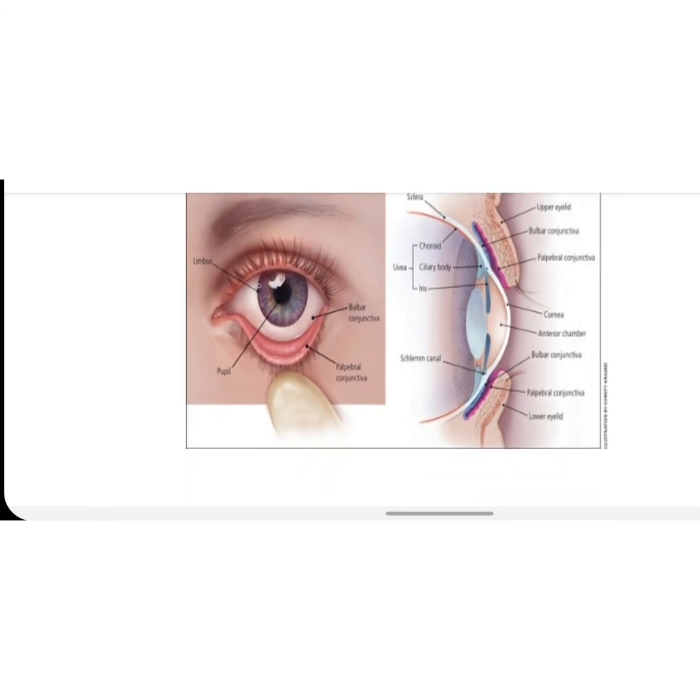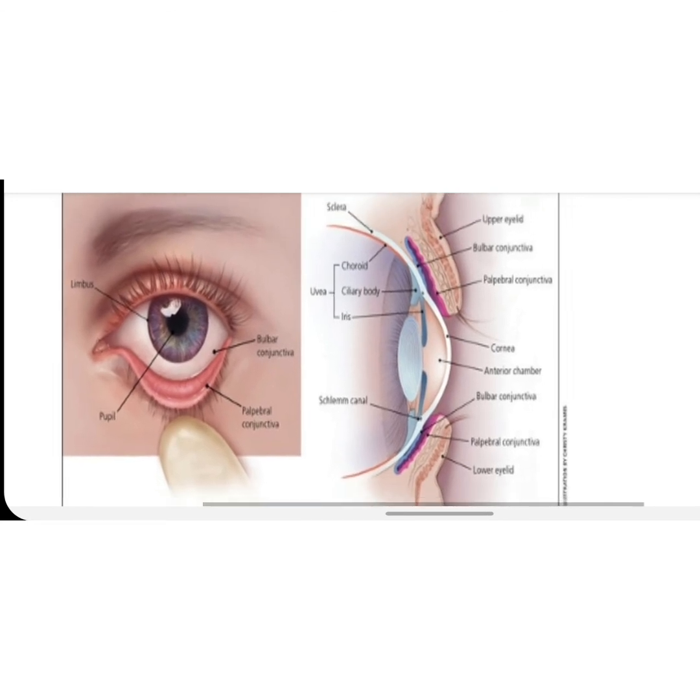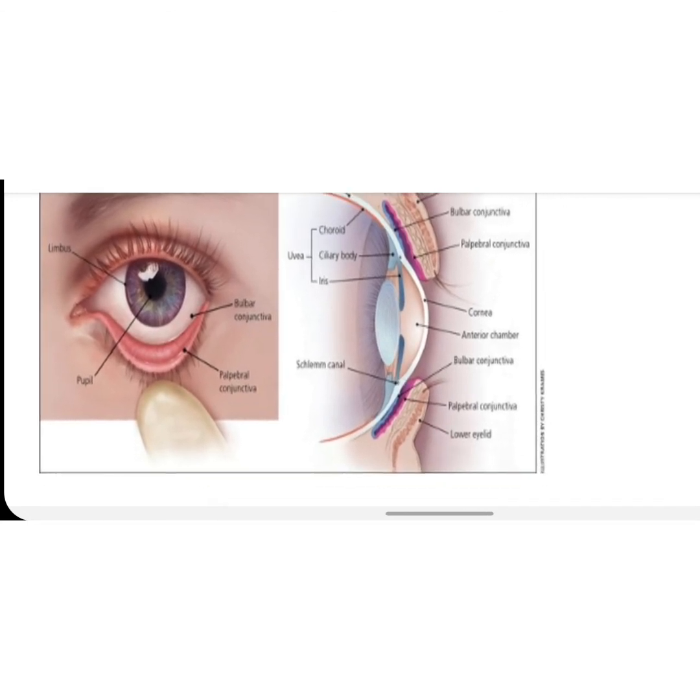This is the limbus, the junction of the cornea and the sclera.